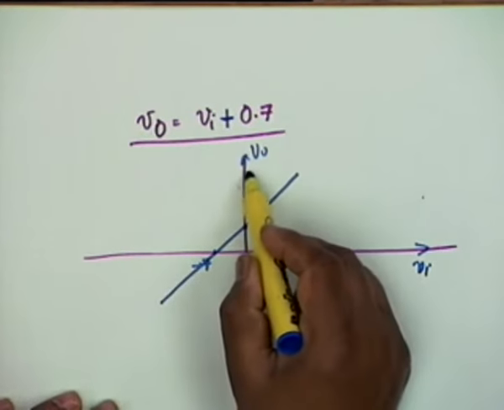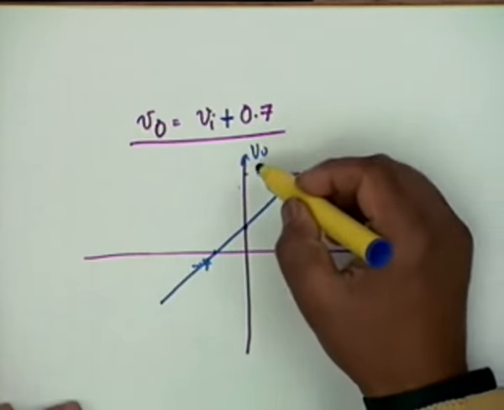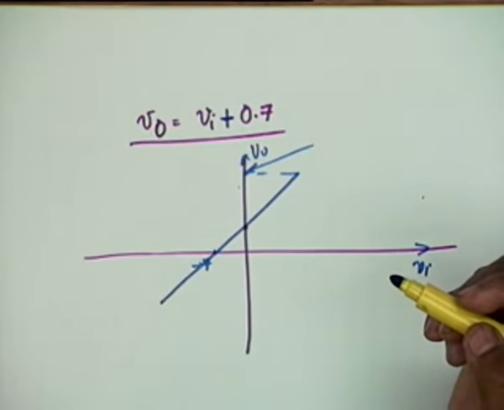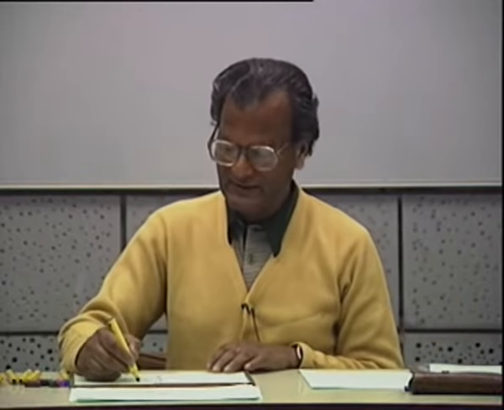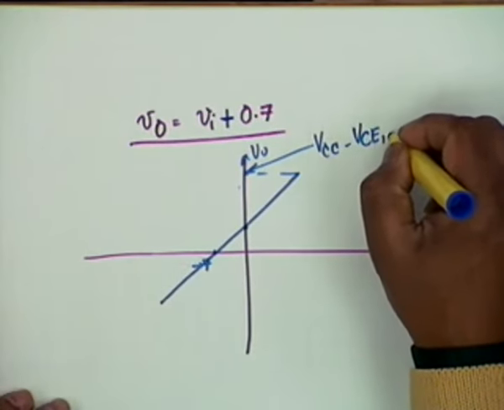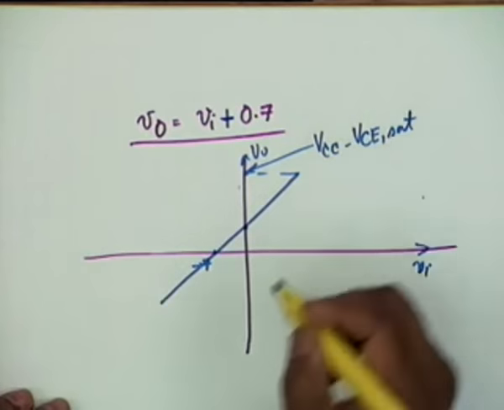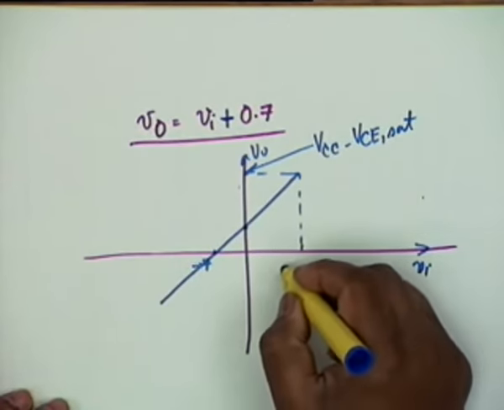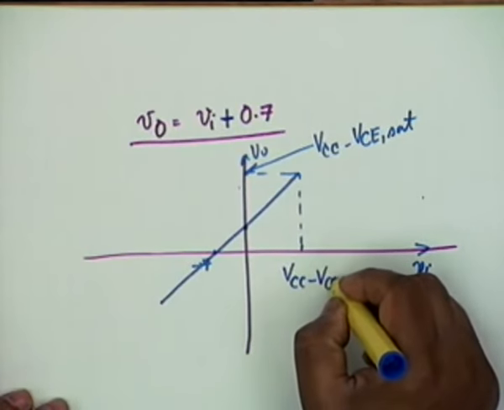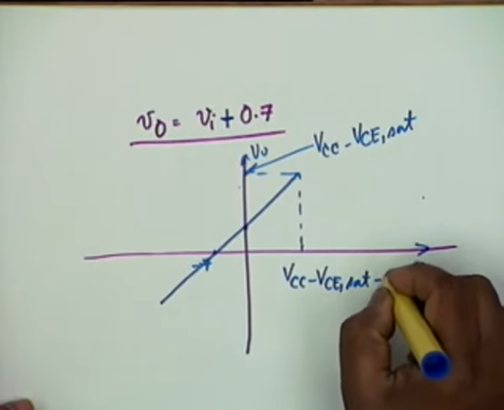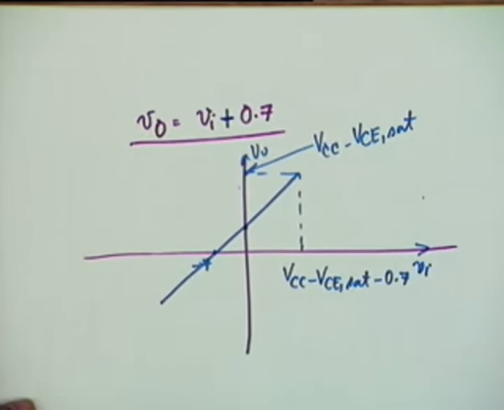All right. The maximum positive value of V0, obviously, if you refer to this circuit, is VCC minus VCE sat. So the maximum value is still VCC minus VCE sat, and it occurs at Vi equal to VCC minus VCE sat minus 0.7, agreed.